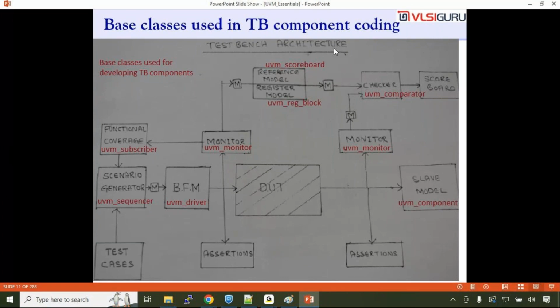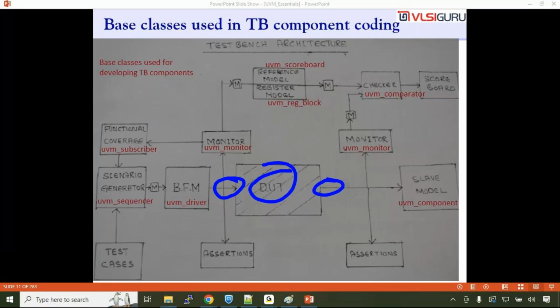It doesn't matter what the design is. It can be a DMA controller, an Ethernet MAC, whatever. If a design has two interfaces, the test bench will most probably look like this.